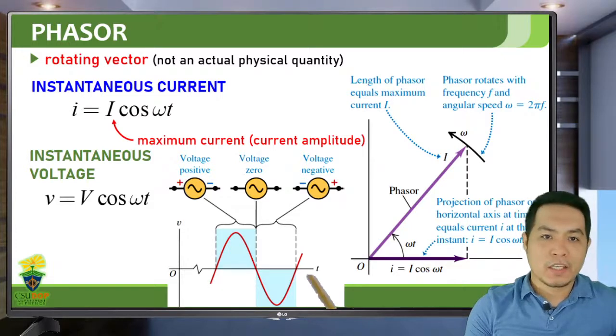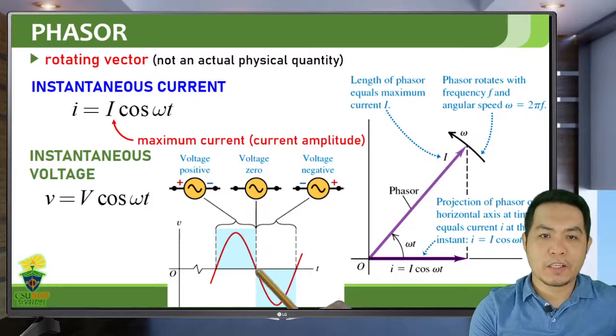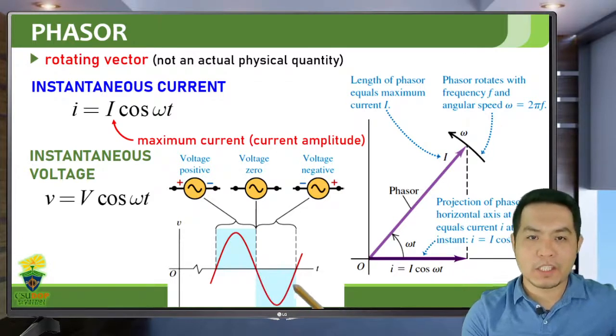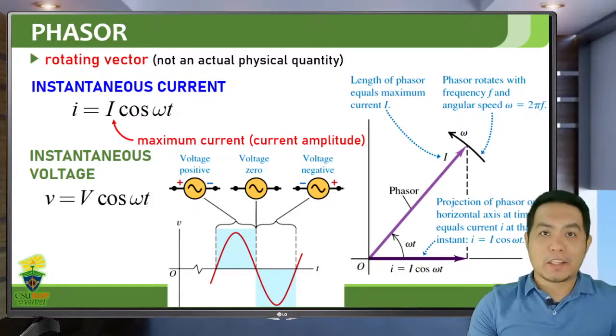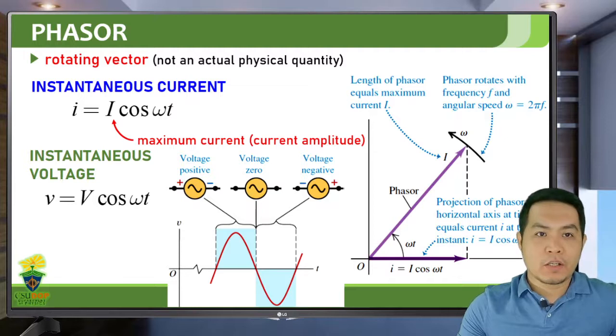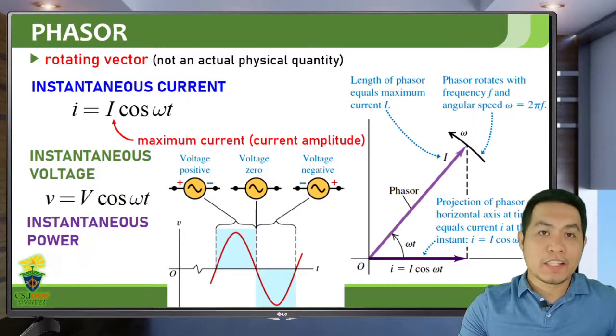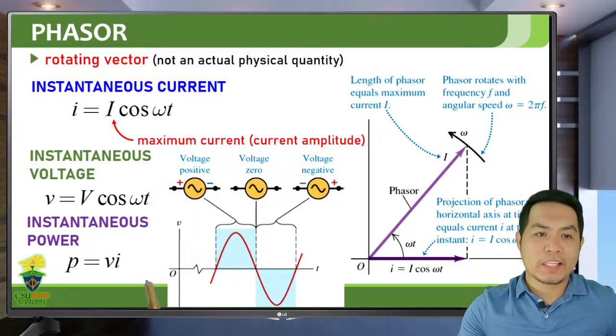In this region here, the voltage is positive, here the voltage is 0, and here the voltage again is negative. So the voltage alternates from positive to negative values. Knowing the instantaneous current and the instantaneous voltage, we can now solve for the instantaneous power. It's just instantaneous voltage times the instantaneous current.